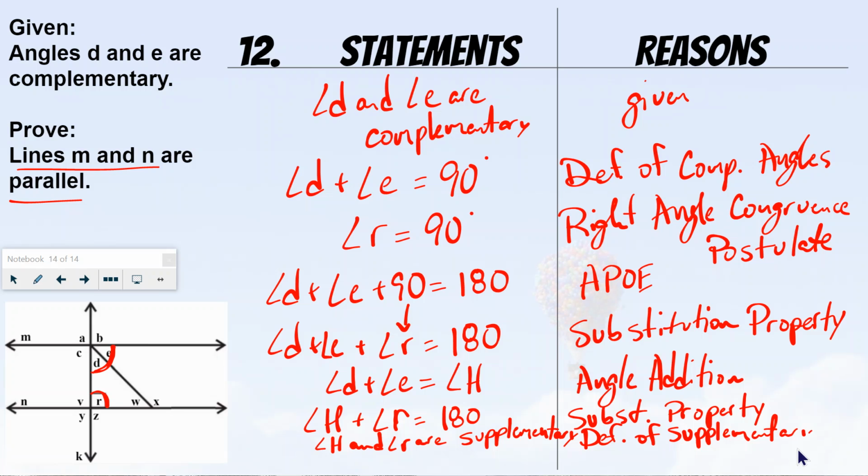And if I know that those two consecutive interior angles in that set of parallel lines are supplementary, then I know that M is parallel to N because of the converse of the consecutive interior angles postulate.